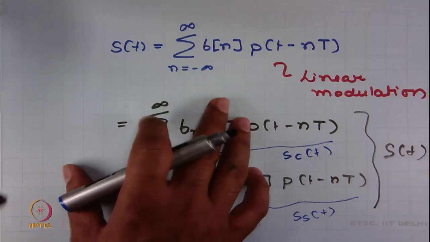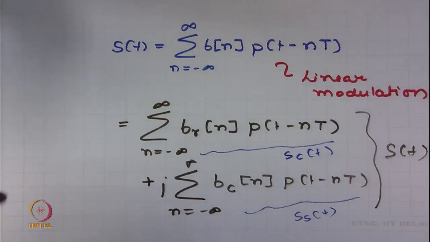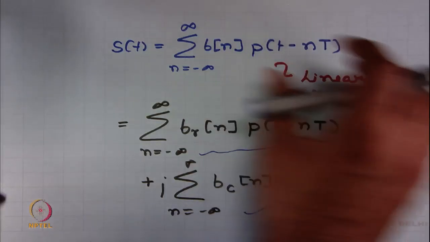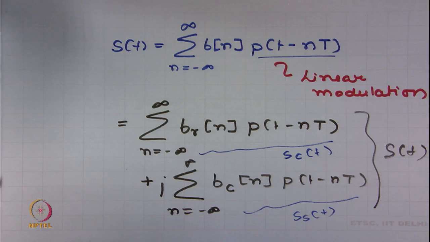Anyway, let us not digress into whether it is real or complex. Let us keep focus on the point that I mentioned before, that this is treated as linear modulation. You are using the same pulse shape for all numbers. So, do not understand that linear modulation is the only kind of modulation.